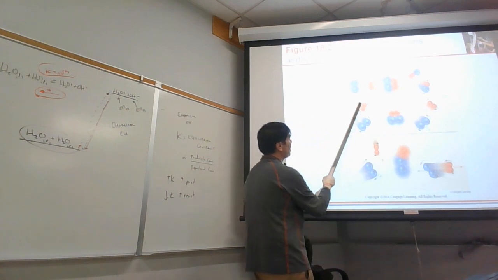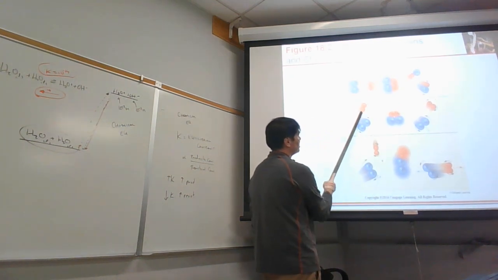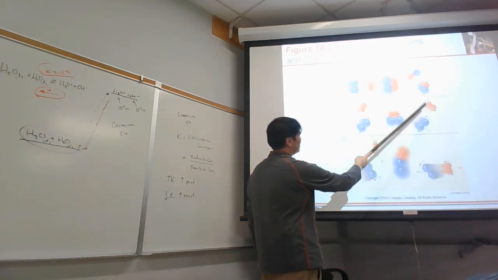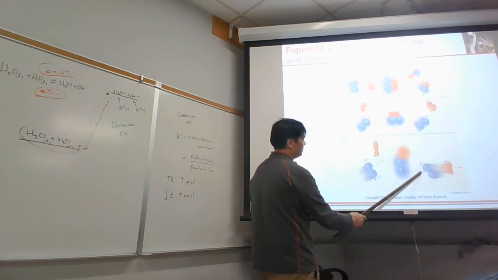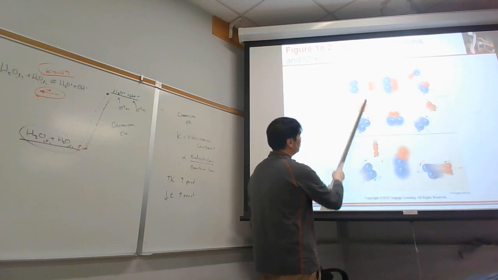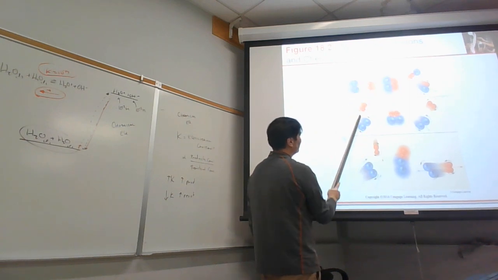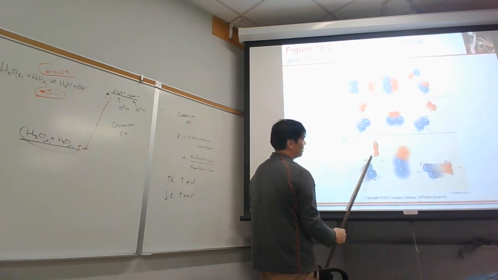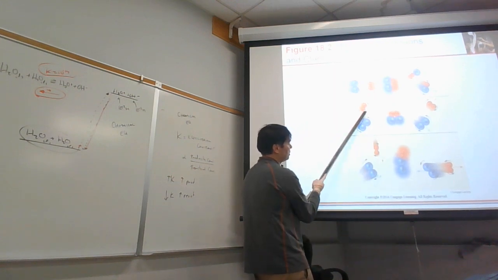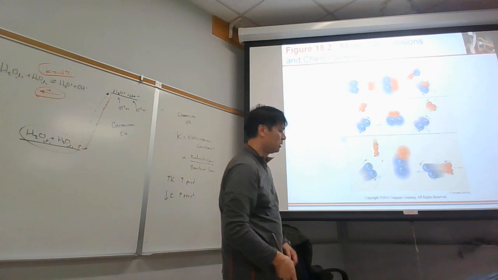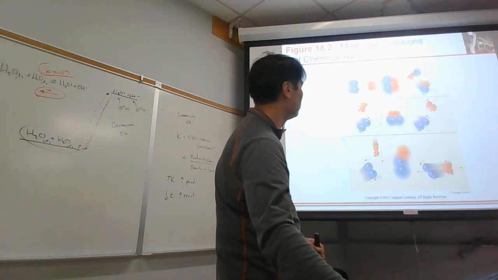Here, this might have enough energy, but the orientation's bad, and so they just bounce off. And the same thing here, orientation's bad, so they bounce off. And then, of course, we could have the correct orientation, not enough energy, or the incorrect orientation, not enough energy, and get no reaction. And so, again, we need two things for a reaction: correct orientation and enough energy.